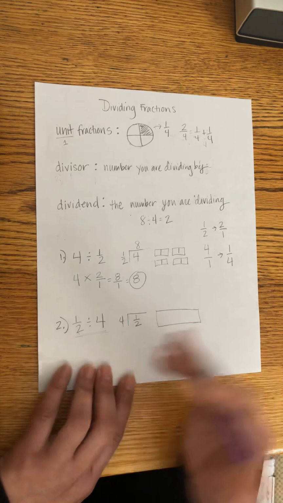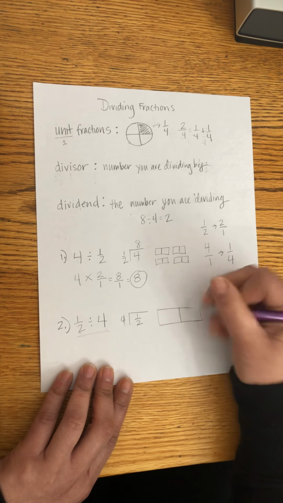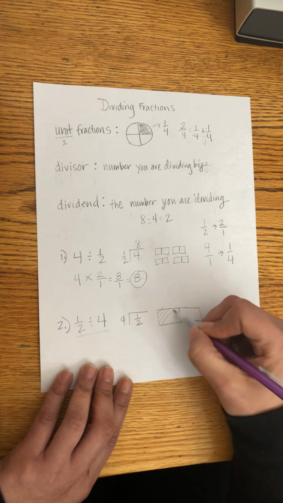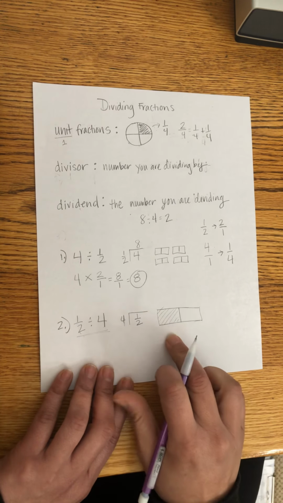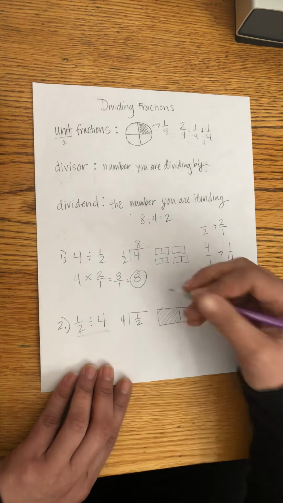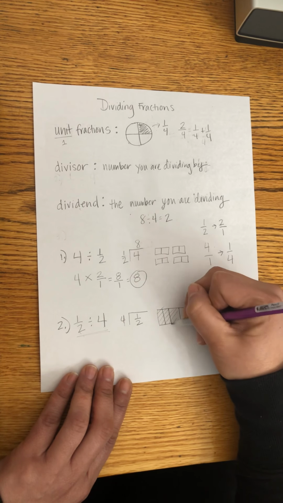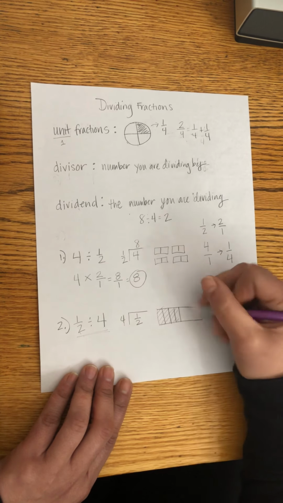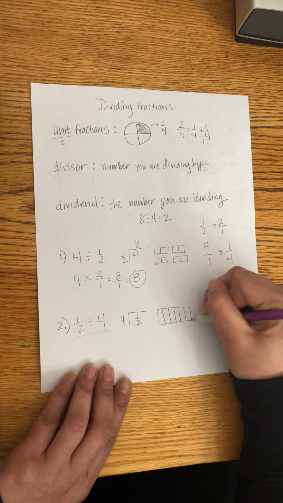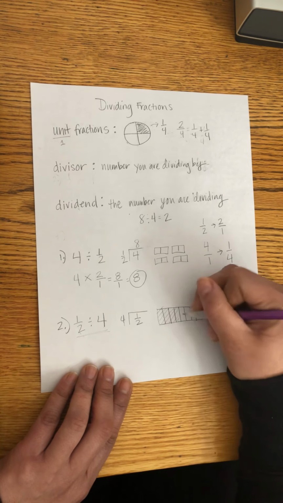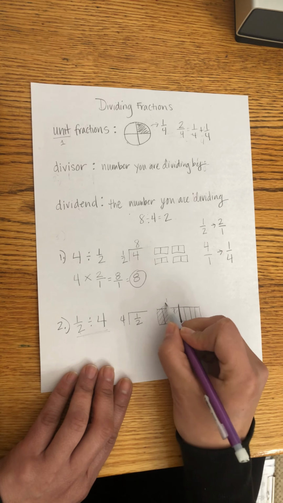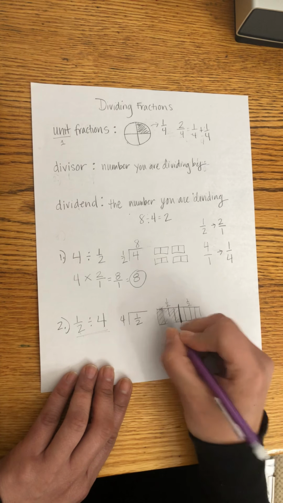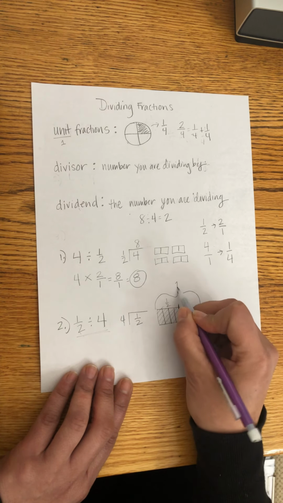Let's say this is one whole candy bar, and I only have a half left. I want to split this half of a candy bar amongst 4 people, so I'm going to split it up into 4 pieces. I'm going to pretend that the half I already ate is still there. So this is my 1/2 right here, and this is my other 1/2 of the whole, correct?